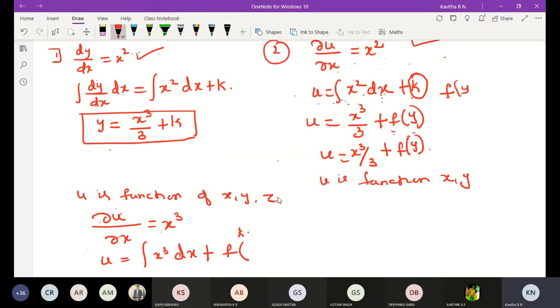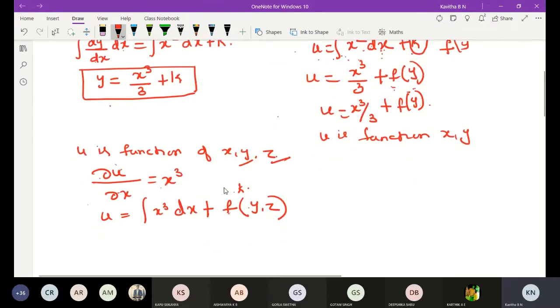Partially differentiating with respect to x means y and z are constant, so in place of k write f of y comma z. Understood? Then u is equal to x to the power of 3 by 3 plus f of y comma z.